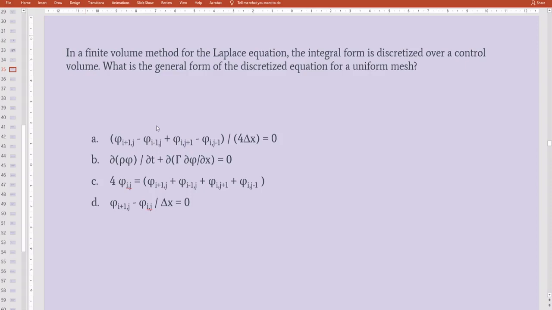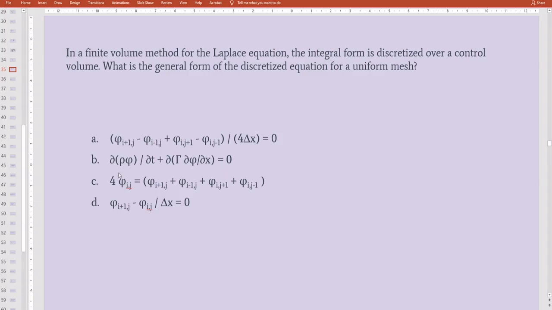Option A: phi of i plus 1 comma j minus phi of i minus 1 comma j plus phi of i comma j plus 1 minus phi of i comma j minus 1, the whole divided by 4 delta x is equal to 0. Option B: ∂(rho phi)/∂t plus ∂(sigma ∂phi/∂x) is equal to 0.